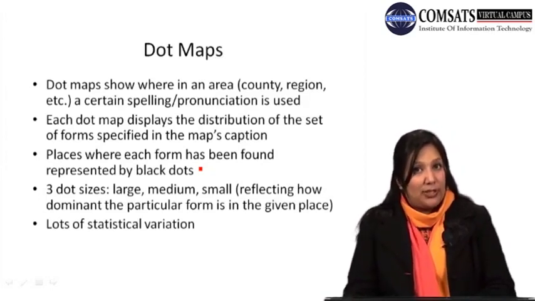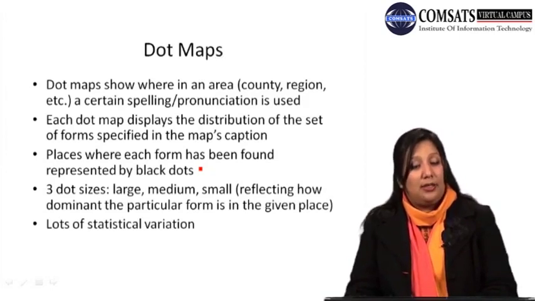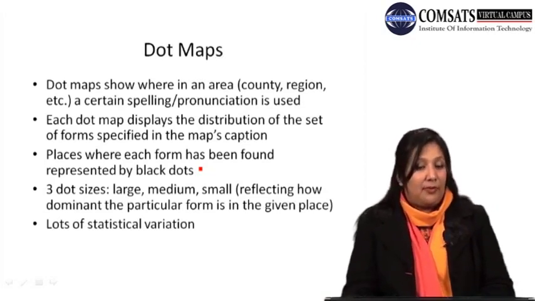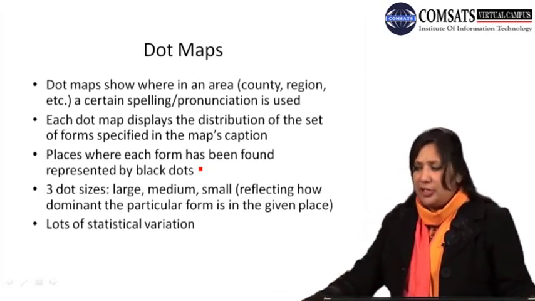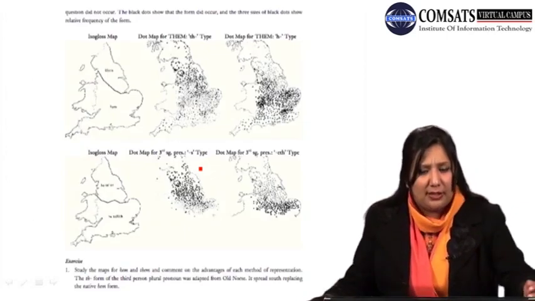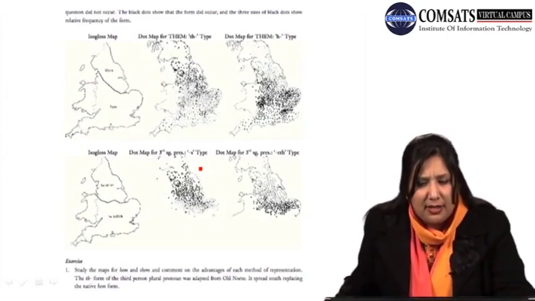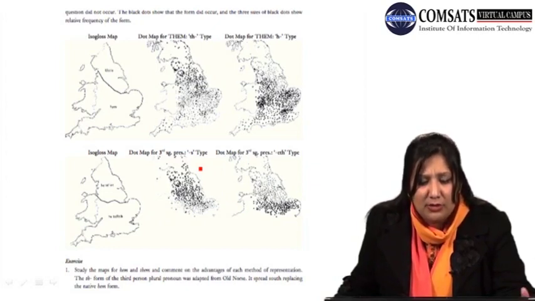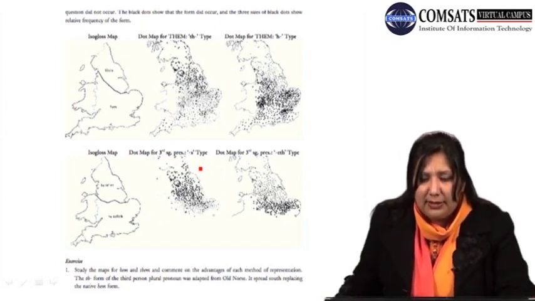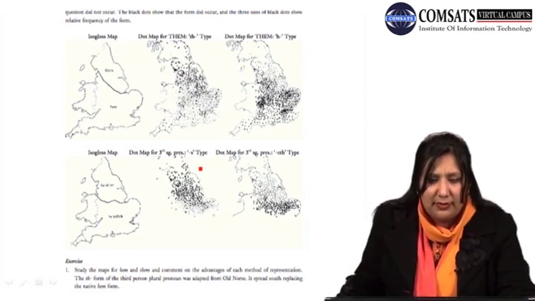There are three dot sizes: large, medium, and small, reflecting how dominant the particular form is in the given place. There is a lot of statistical variation in it. Just look at the dot maps. As you see in the second, the dot map for the type, we found a lot of dots in the map, and then there are very few dots in the first and the second map.